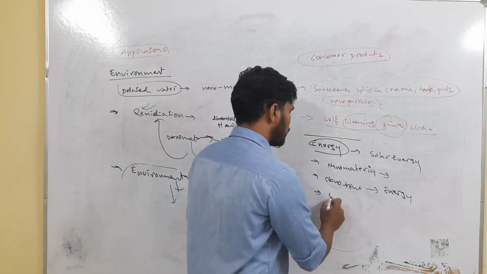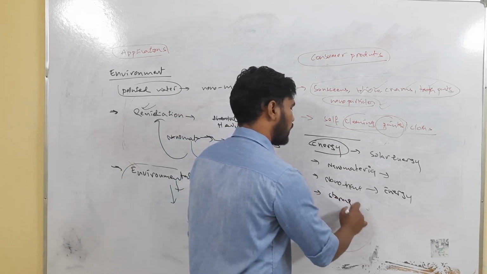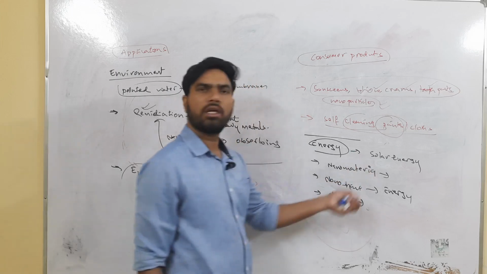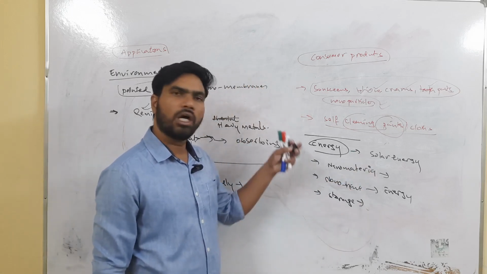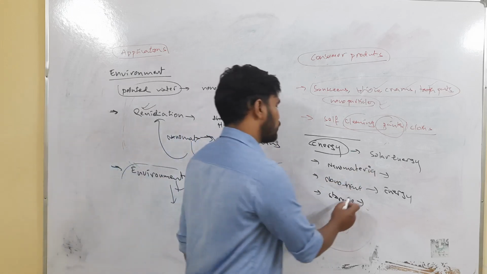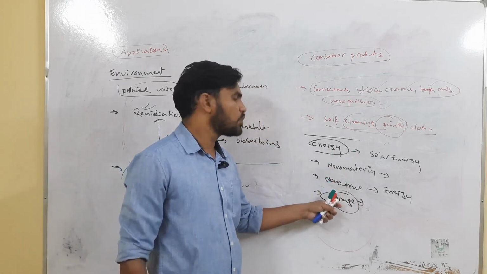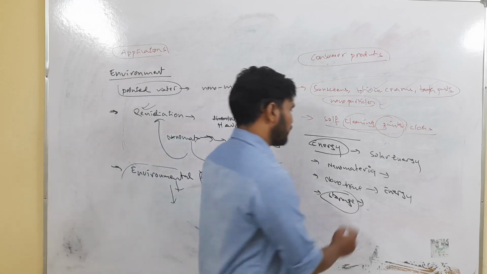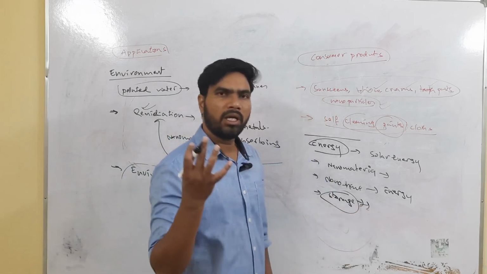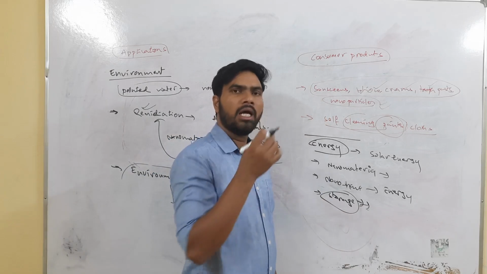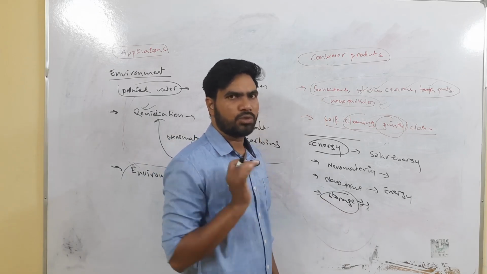Then the third one is storage. It is not only about generating renewable energy but also storing that energy. Right now the problem with renewable energy is storage. Nowadays we predominantly use lithium-ion batteries for storage.